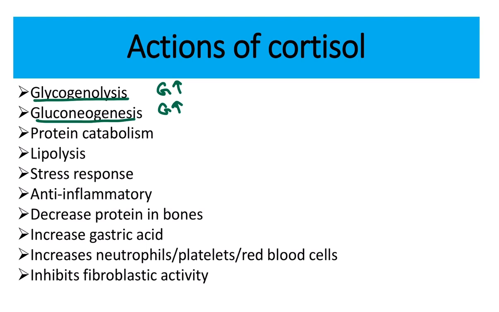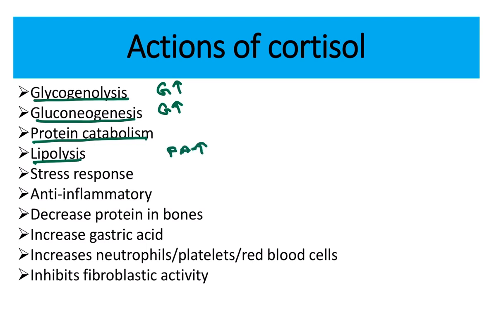Protein catabolism, that means the breakdown of the muscle mass. For this condition, the upper limb and lower limb become thin. So protein is also broken down. Then lipolysis, which increases the fatty acid level in the blood.